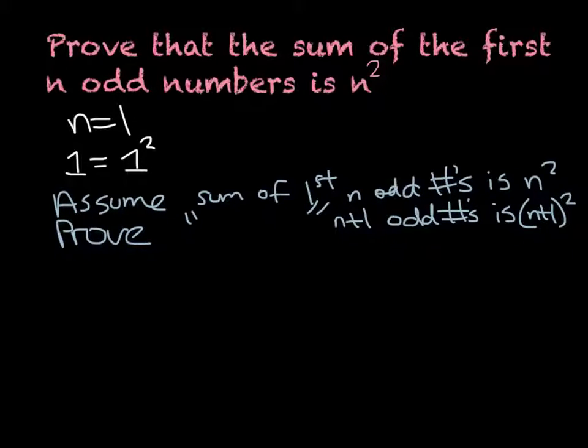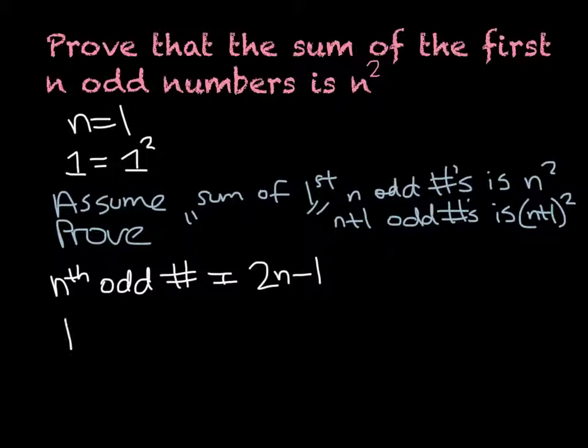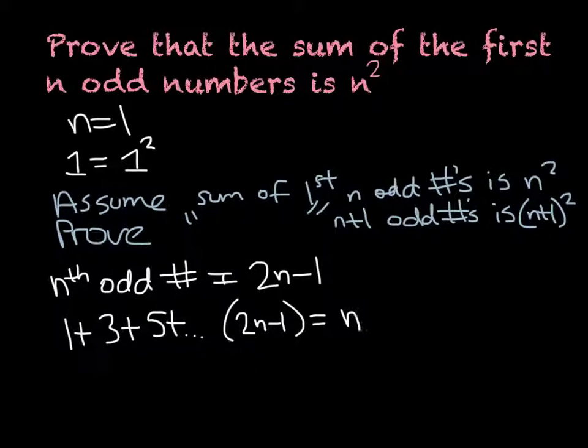So one way to represent the nth odd number is 2n minus 1. So essentially, what we're doing is adding up 1 plus 3 plus 5 all the way down until 2n minus 1. And we're going to say that that is equal to n squared.